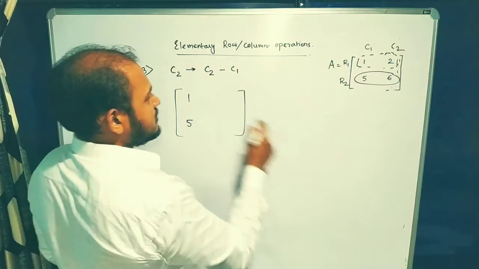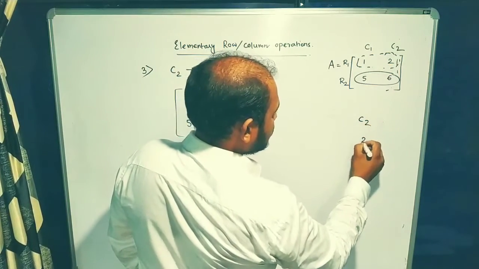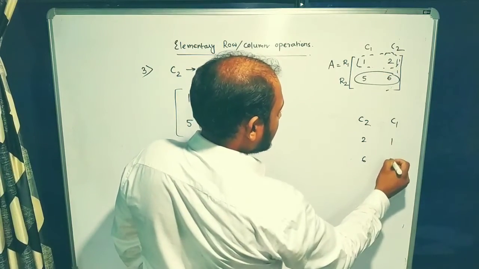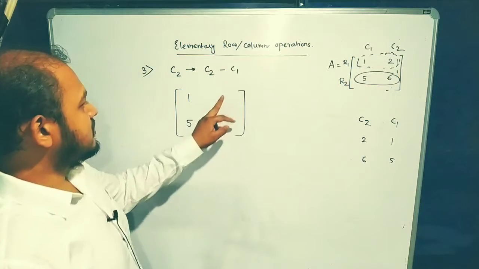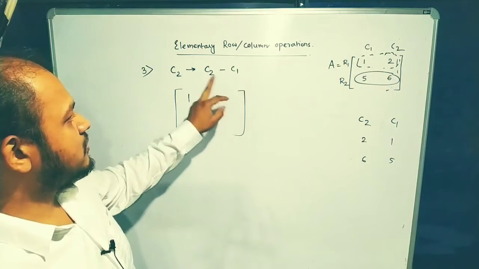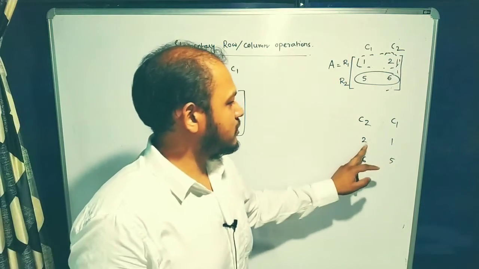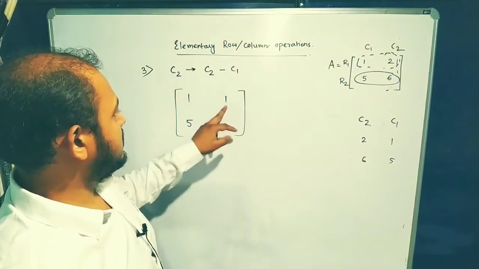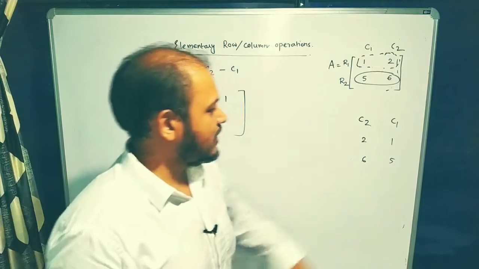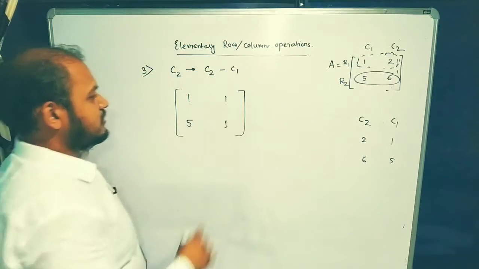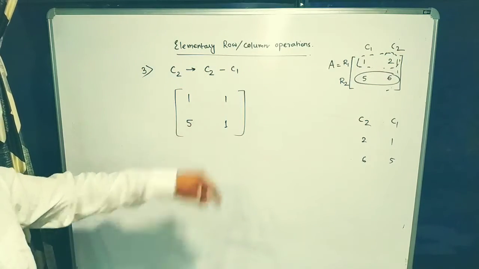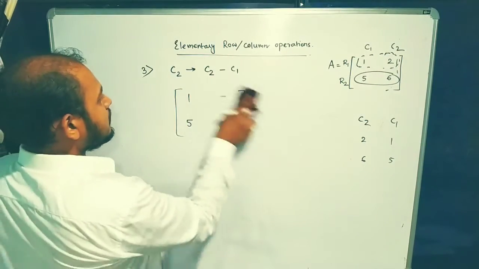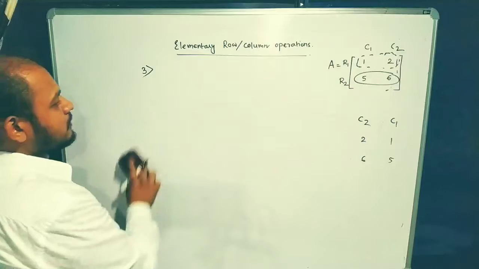Now C2 minus C1, what is C2? C2 is 2 and 6. And what is C1? C1 is 1, 5. And this C2 position becomes C2 minus C1. So what is C2 minus C1? 2 minus 1 is 1, placed at the position C2, and 6 minus 5 is 1. So this becomes 1, 1, 5, 1. It is very easy.